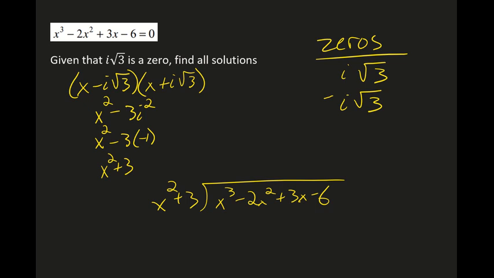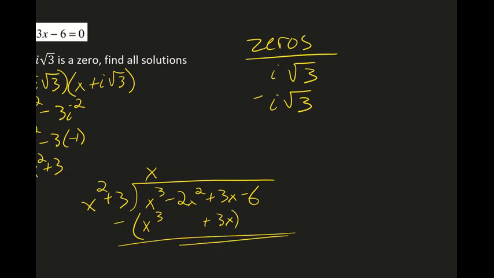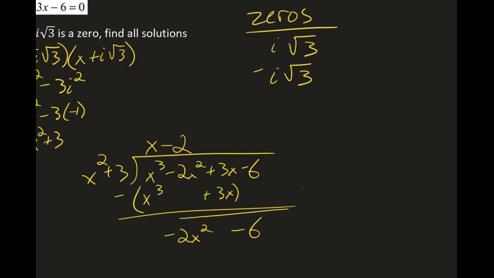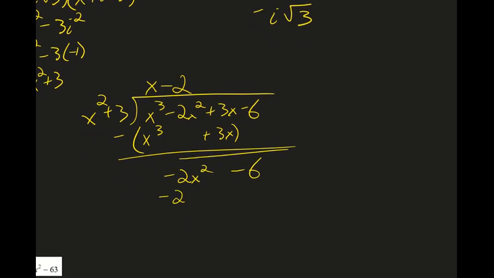All right, so x cubed divided by x squared is just x. Multiply that by our entire divisor. Subtract. Divide negative 2x squared by x squared. Multiply that by our entire divisor.